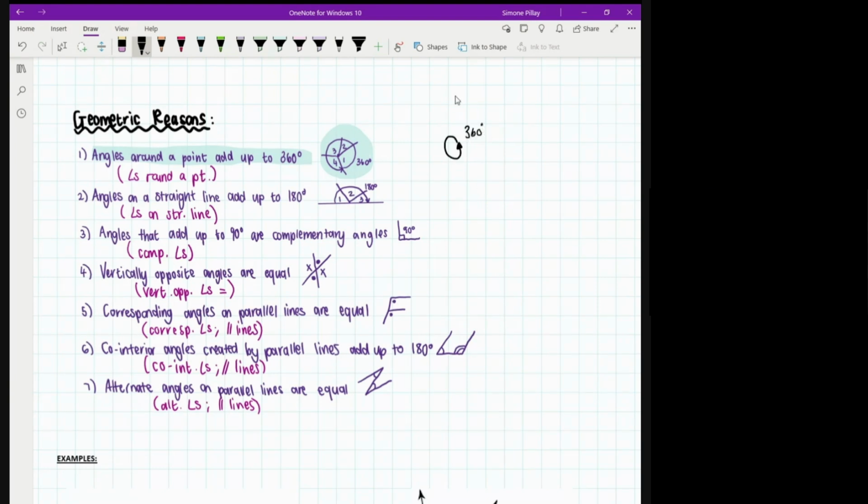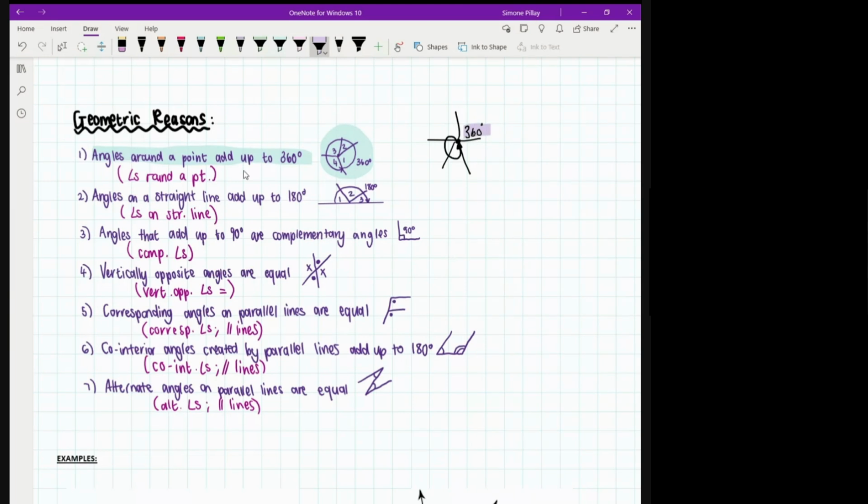And so it makes sense then that if we have a point here and then there are multiple lines within that, all of those angles within those lines are going to add up to 360 degrees to make up that revolution.